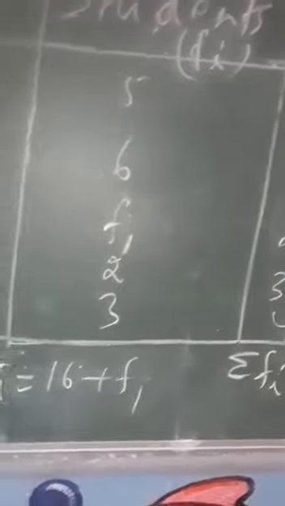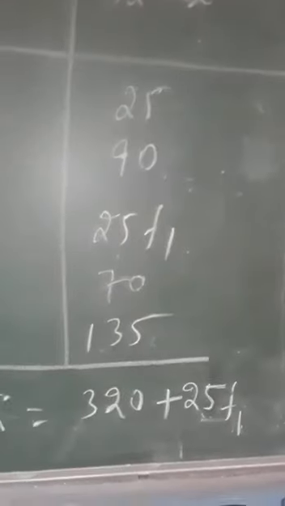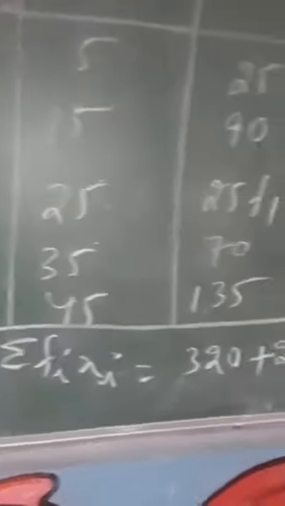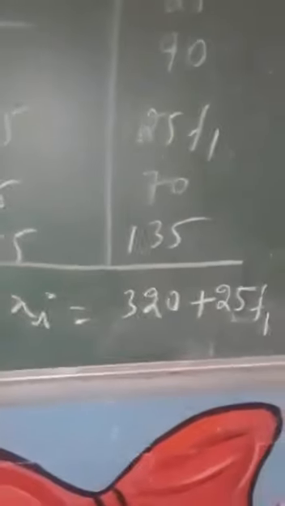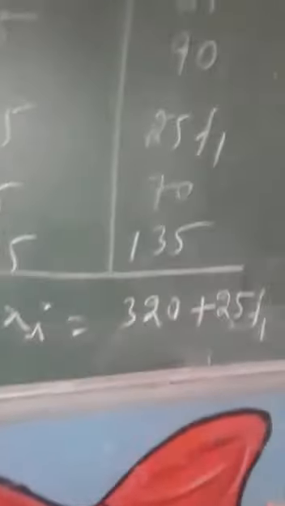Now 5 multiplied by 5 gives us 25. The product of 6 and 15 gives us 90, and the product of the unknown term F1 and 25 gives us 25 F1. The product of 2 and 35 gives us 70, and the product of 3 and 45 gives us 135.